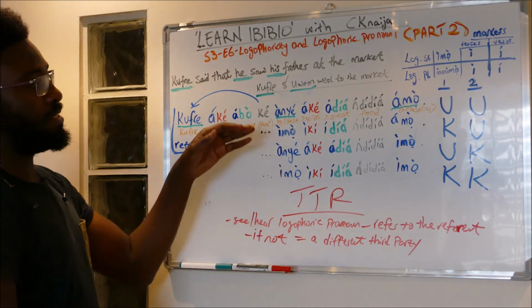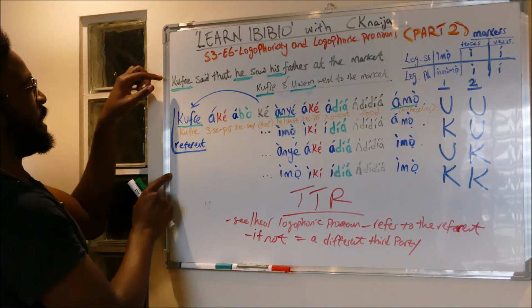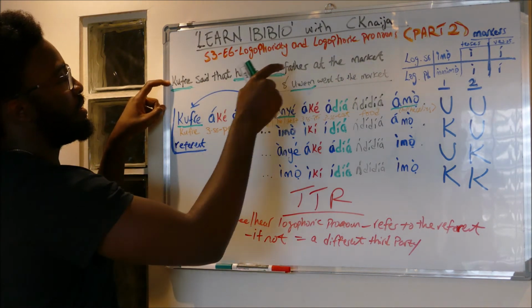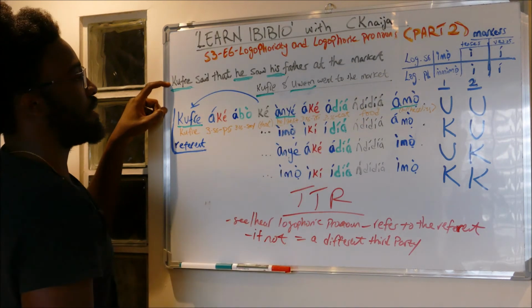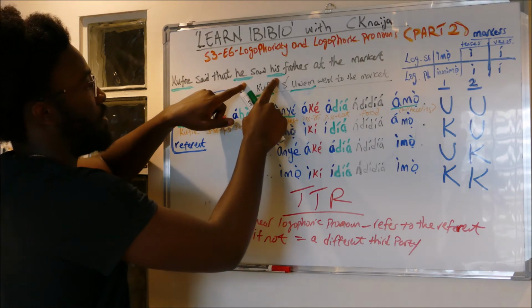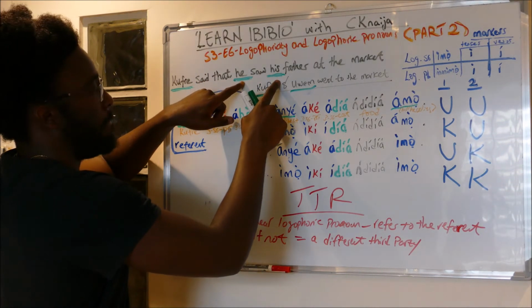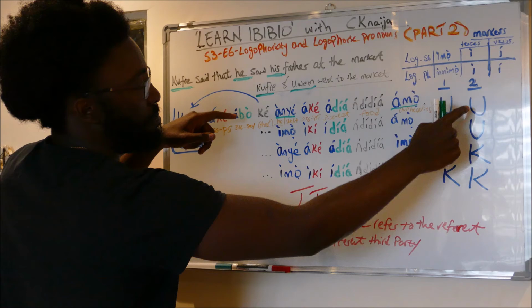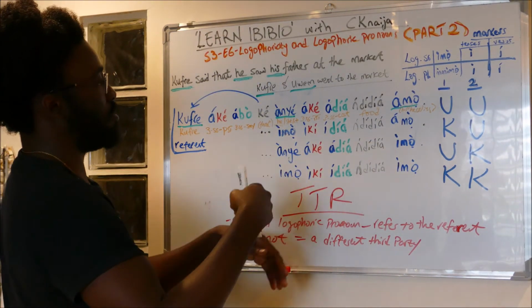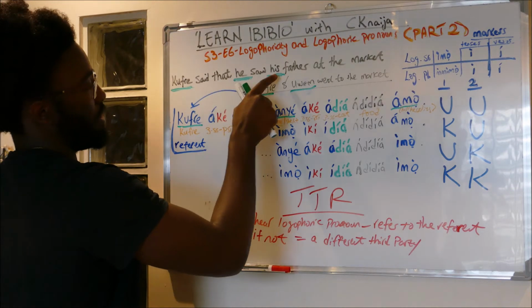Okay, and this is what logophoricity does. So in the English example of the sentence, where Kufre said that he saw his father at the market, these two pronouns could mean any of these combinations, but we do not know, and we would have to ask more questions to decipher what they actually meant.